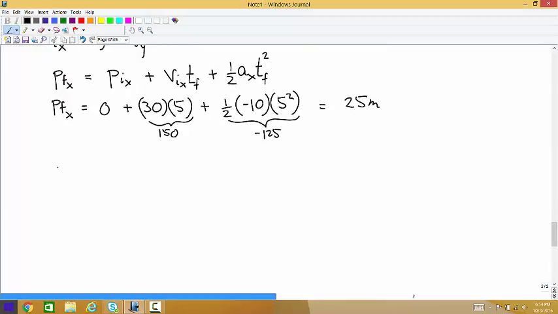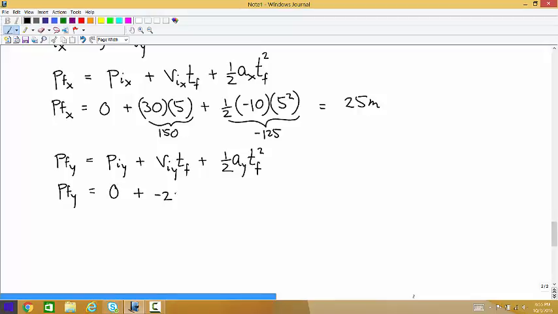And then for PFY, we'll use the same equation, just the Y version. So PFY is equal to PIY plus VIY TF plus 1/2 AY TF squared. So PFY is equal to 0 plus negative 20 times 5 plus 1/2 times negative 5 times 5 squared.